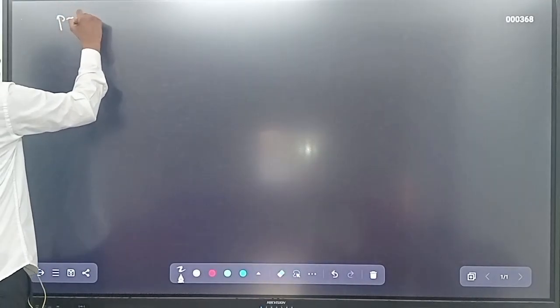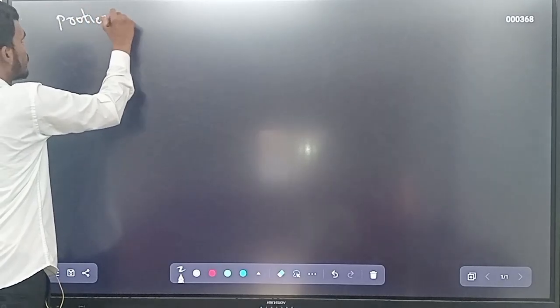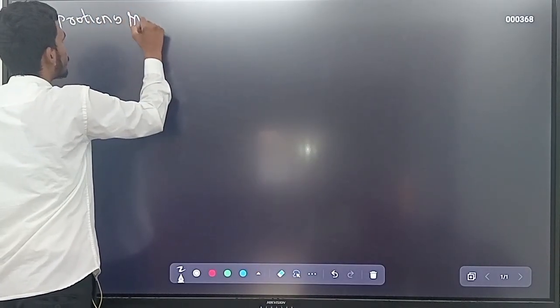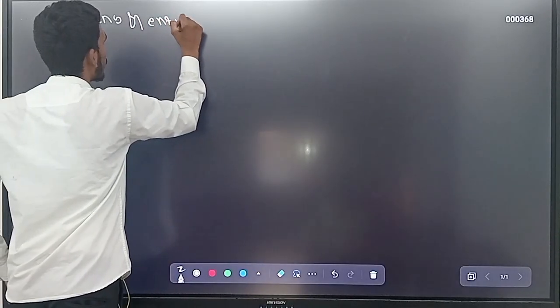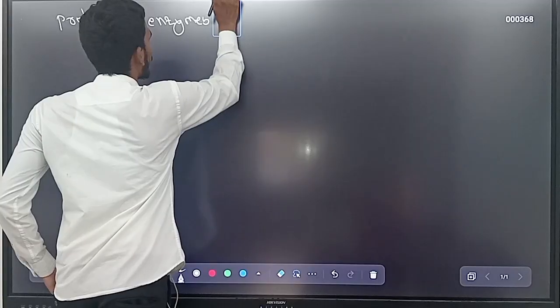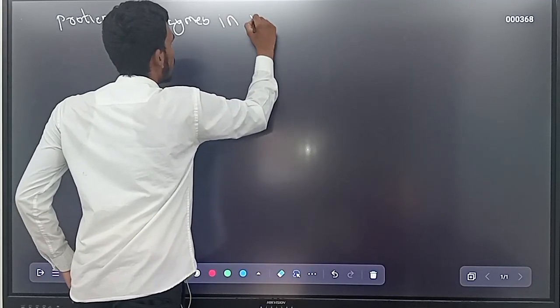And I told you why replication fork. So these will go on in opposite directions.